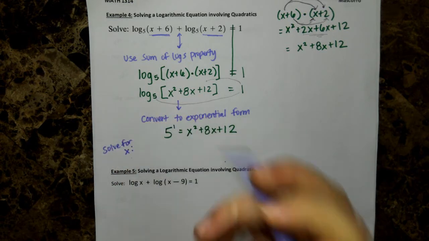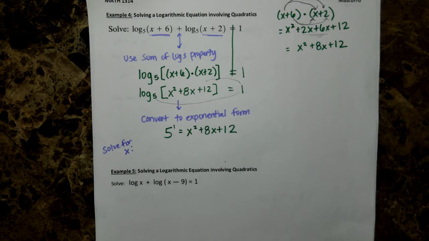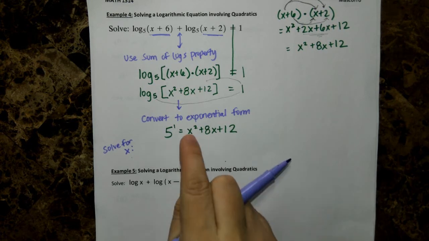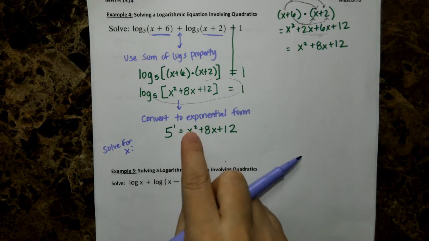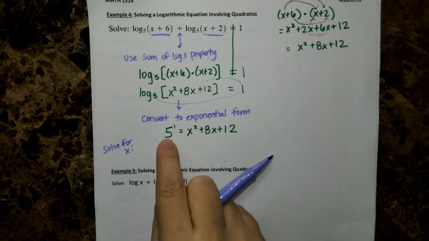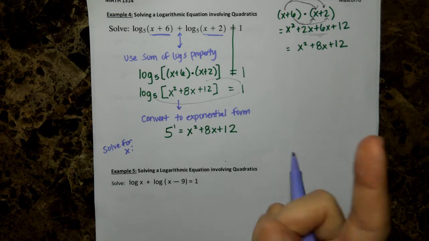Now we know how to solve quadratics. There's a quadratic formula, there's factoring, if you want to use that method. But in either case, anytime you have a quadratic equation and you want to solve for x, the first step is to always make sure it says equals to 0. Right now it says equals to 5, or 5 to the first power, which is just 5.